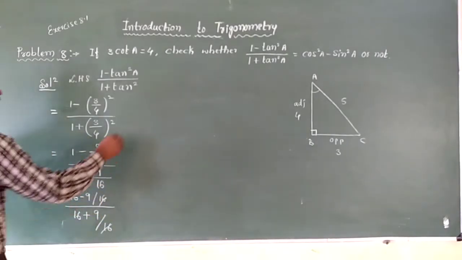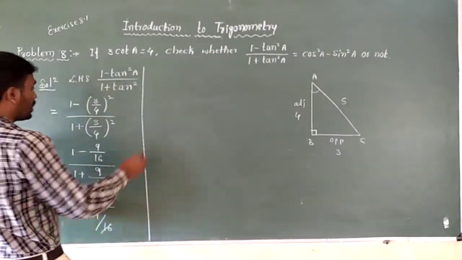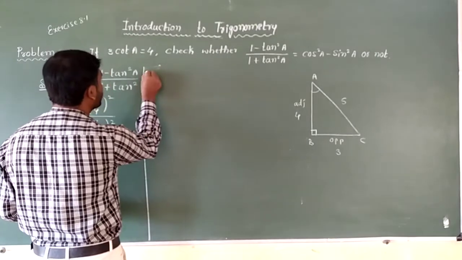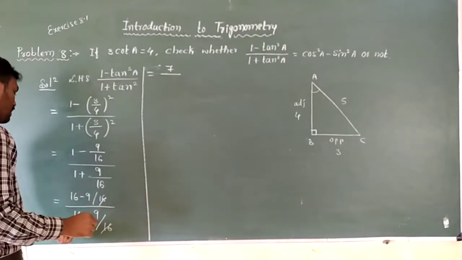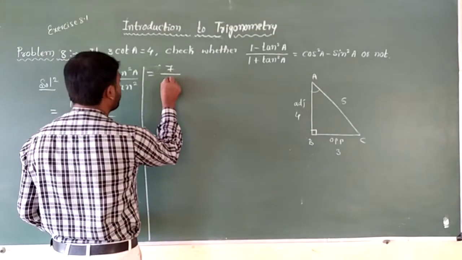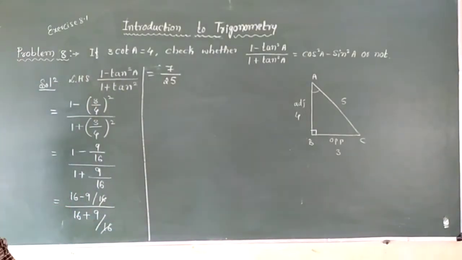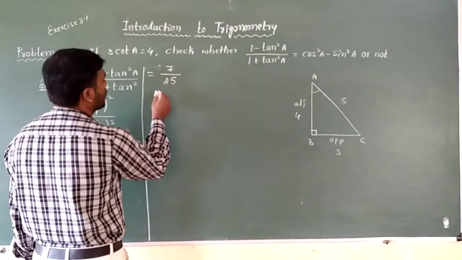The 16 gets cancelled. So 16 minus 9 is 7, divided by 16 plus 9, which is 25. So it is 7 by 25. So let us verify by taking RHS.